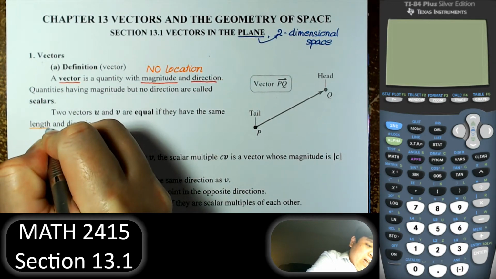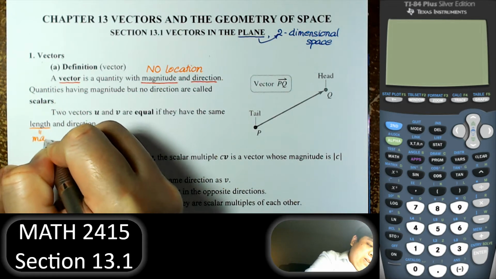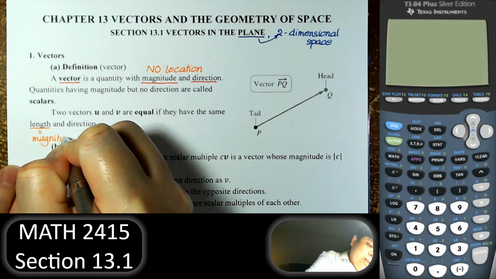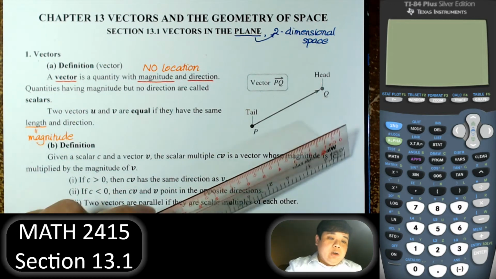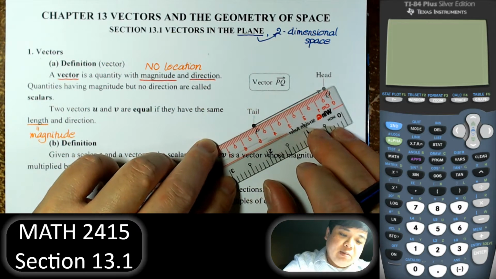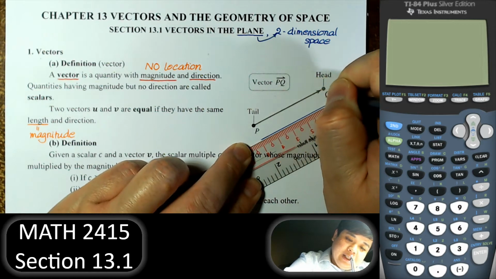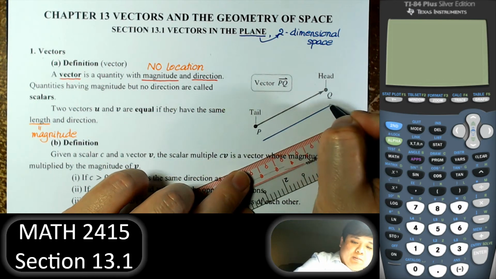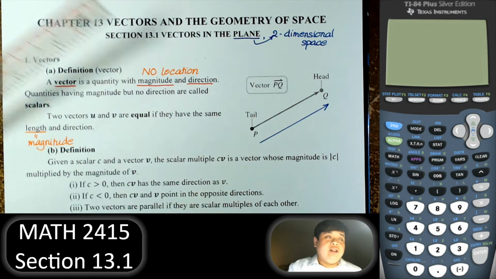So the length here is the same as the magnitude. So if we have a vector like that and we have the same vector, let's say about this, I suppose the lengths are the same and they point in the same direction, so those vectors are equal.